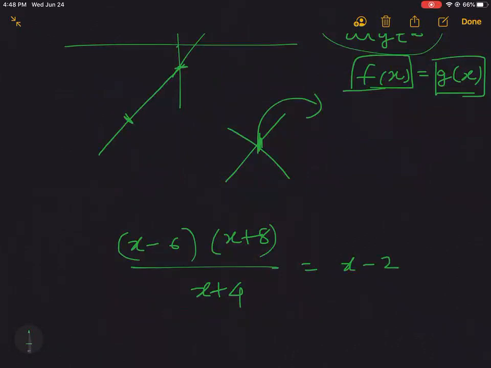If you solve it for x, you will get different values of x where these will intersect each other.